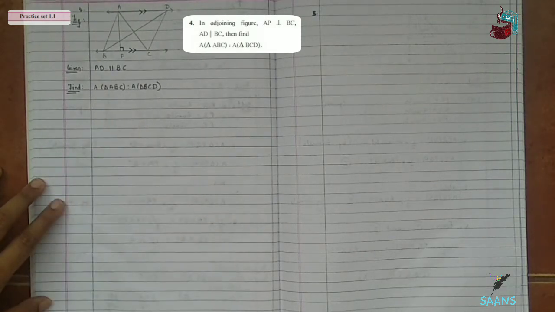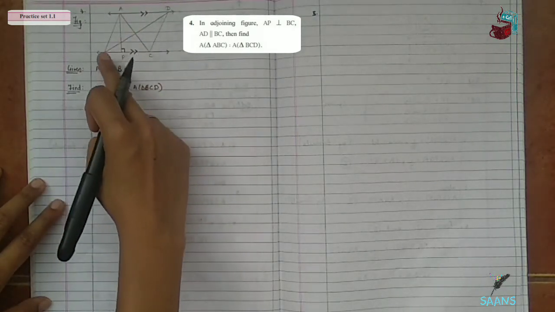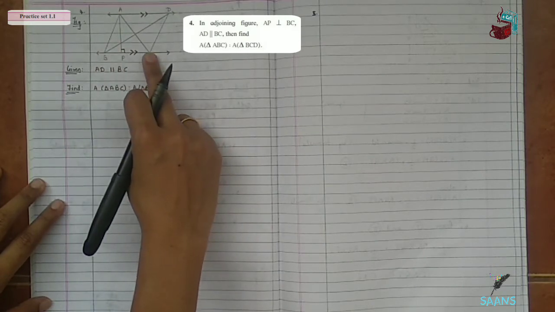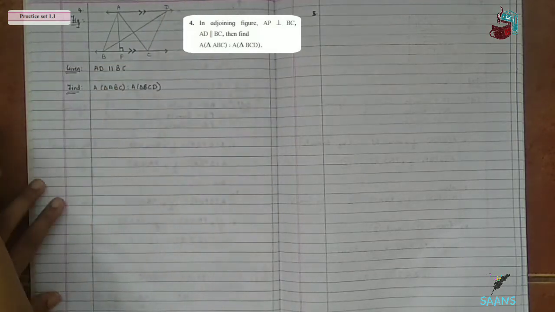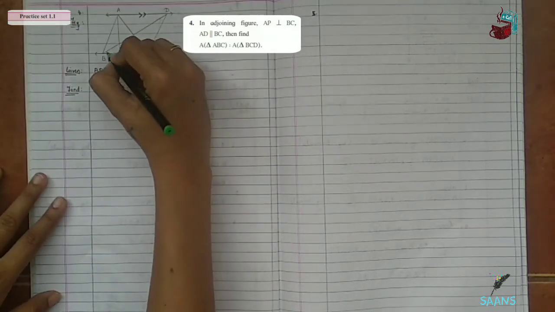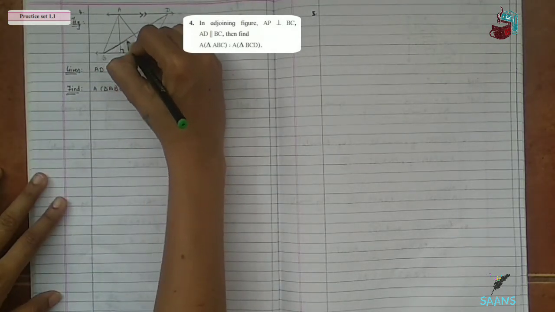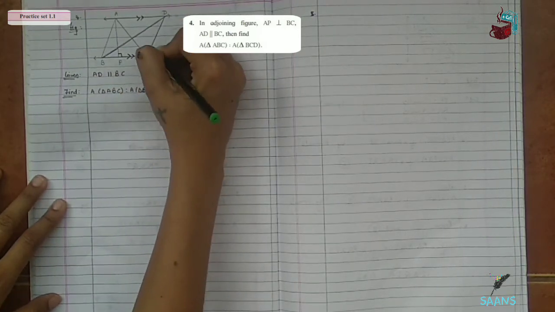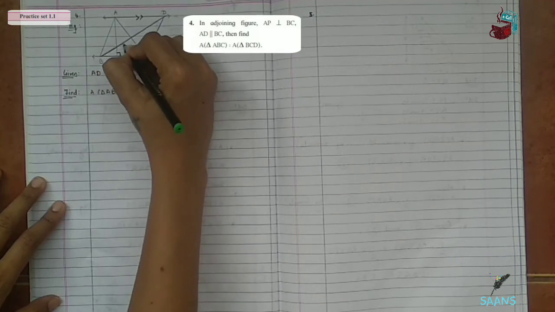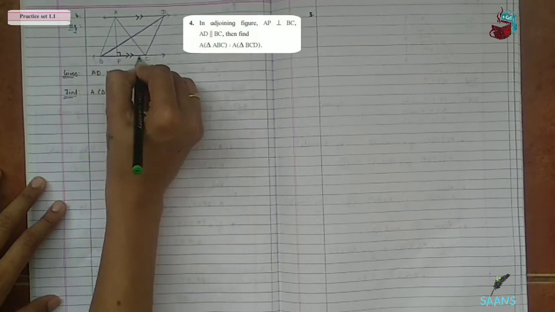Finally, they're asking us, find the area of triangle ABC and BCD. So, see now, I don't have crayons, but I'm marking and showing it to you all. BDC, mark it a little with a color pencil, it will help you all a bit.